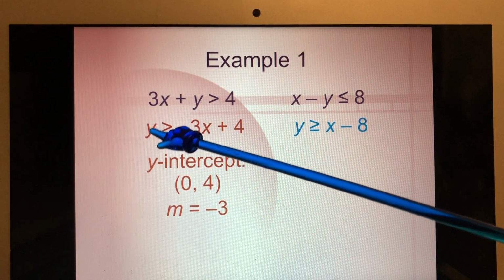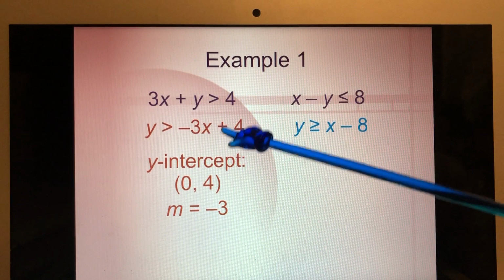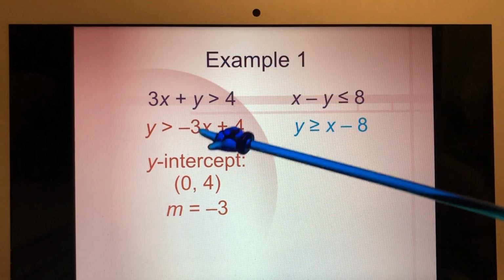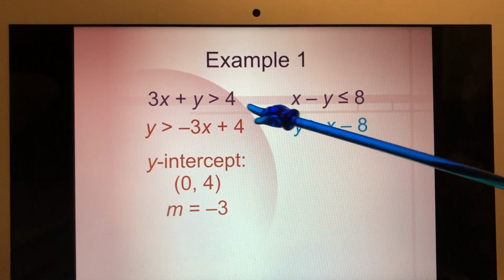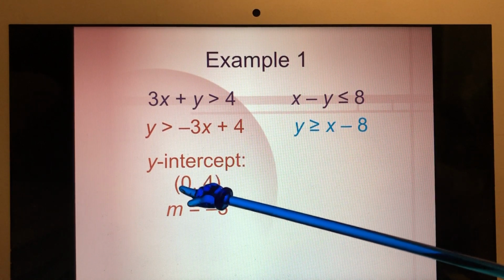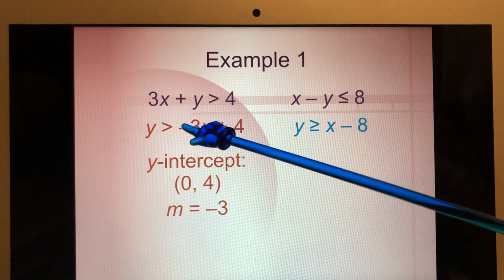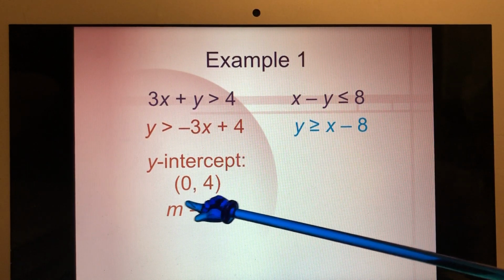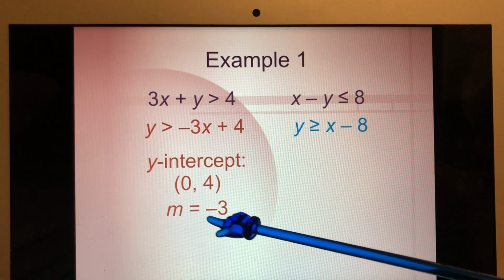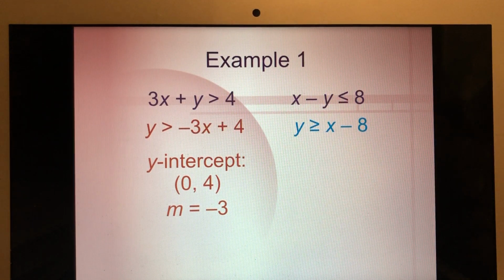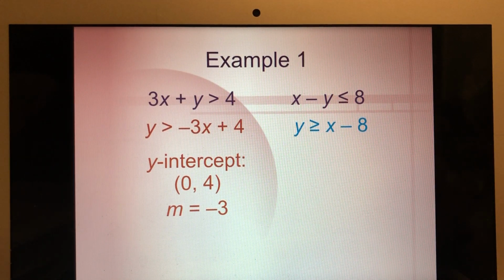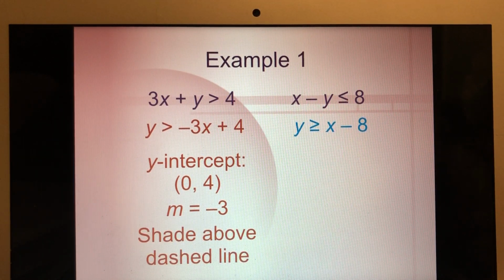Well, look at what we have here: y equals mx plus b. So that's actually the plus b right here, plus 4. That also gives us the y-intercept. But here we have negative 3x. Remember, mx, so m is negative 3. So negative 3 times x. That's our slope, negative 3.